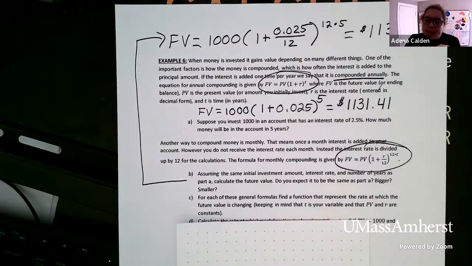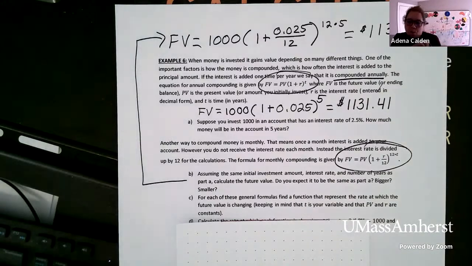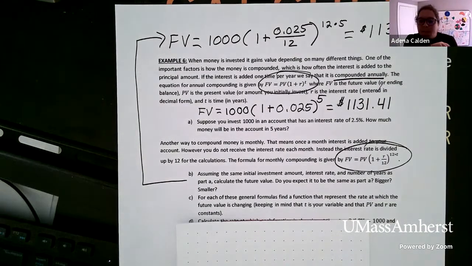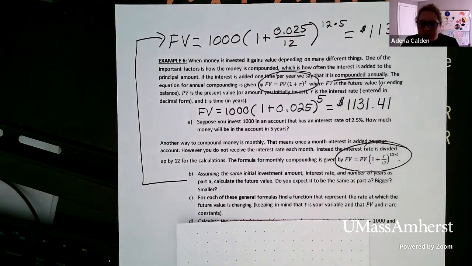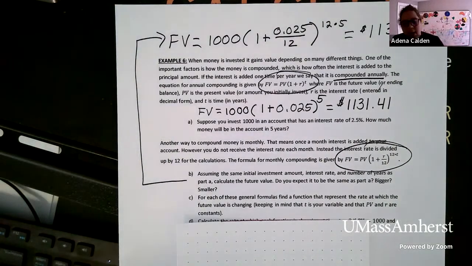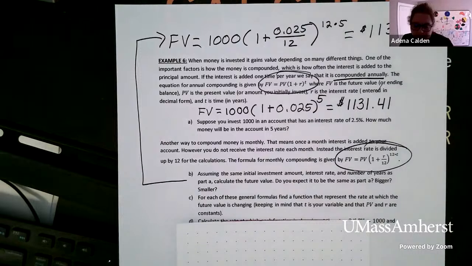So I'm going to give you 3 minutes. Think about how you can do this. Your derivative will still have a PV, an R, and a T, all of those things in it, as well as other things that come out.